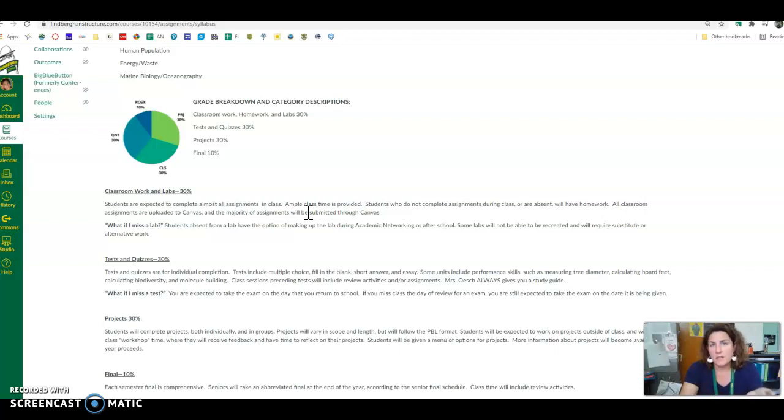We're going to have a menu of choices for students so that the projects can be more student directed, more geared towards student interest, not only in terms of what they're studying, but also in terms of what they're producing as the final project that demonstrates what they learn. We're going to be putting that together in the next couple of weeks, and when we have more information to share, we are definitely going to be uploading it to the syllabus in Canvas.